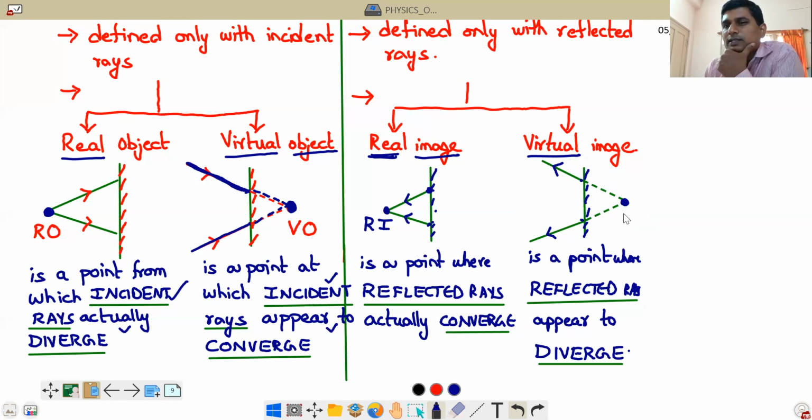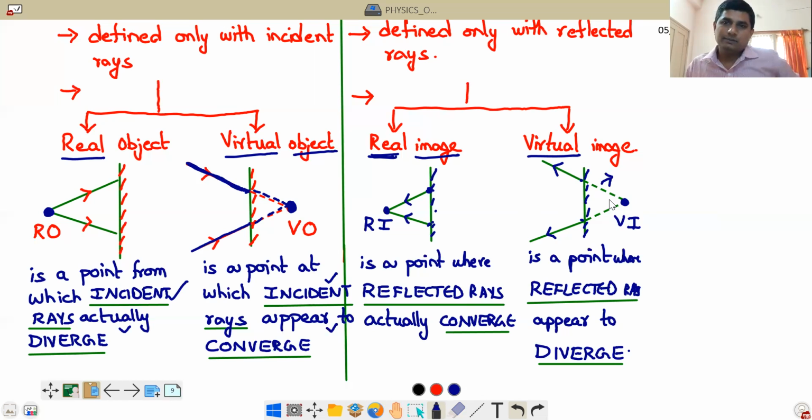That point is called the virtual image, because it is a point at which the reflected rays appear to diverge. They are not actually diverging here. We have extended them, that's why they are drawn as dotted lines. So these reflected rays appear to diverge from this point, and therefore it's called a virtual image.